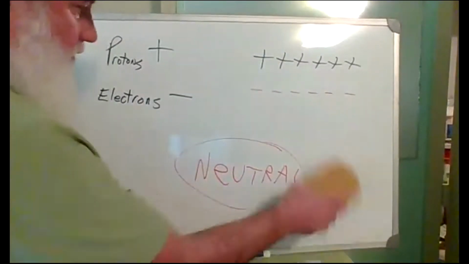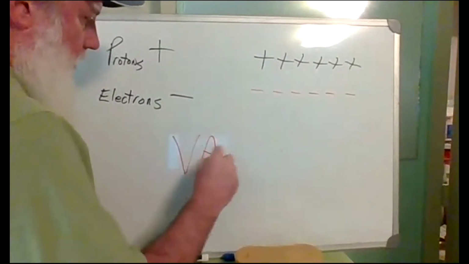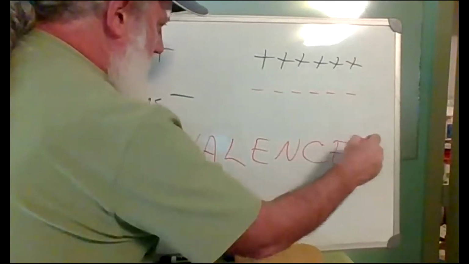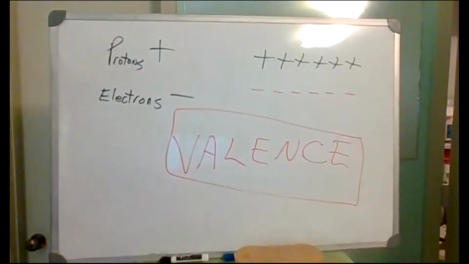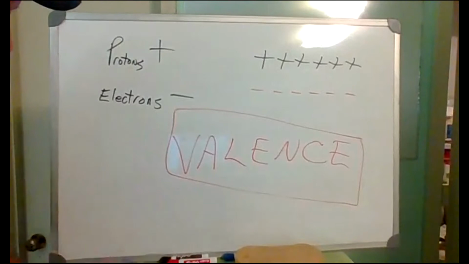The number of valence electrons, V-A-L-E-N-C-E. This is an ancient Greek word. The number of valence electrons, I'll give you a chance to write that down.